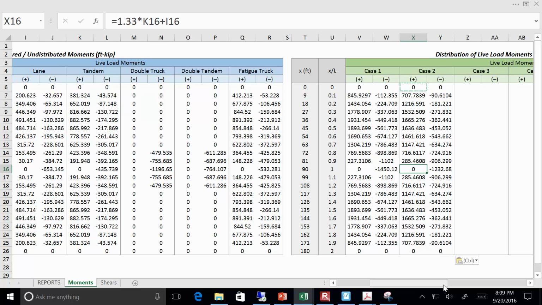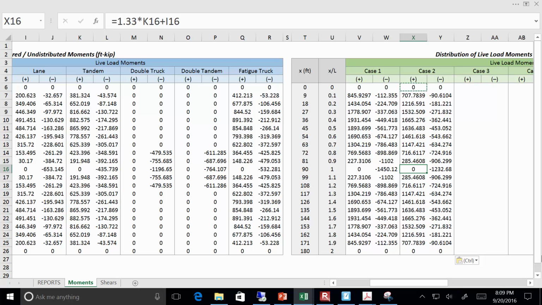All right. So see what's going on? I got 1.33 times the truck plus the lane and 1.33 times the tandem plus the lane. Now, I've got the third and fourth case, which is only for bending, and that's 90% of what? 1.33 times the double truck plus the lane.